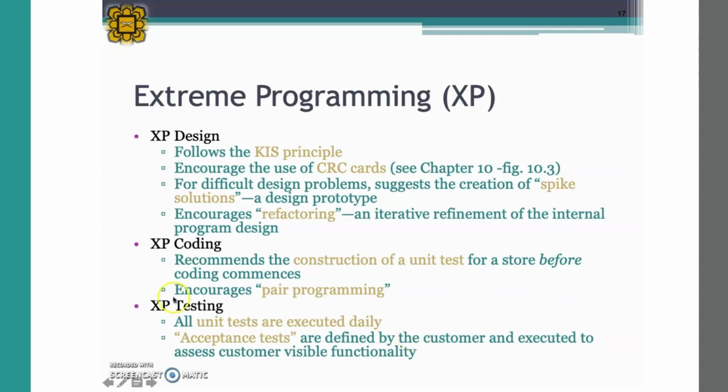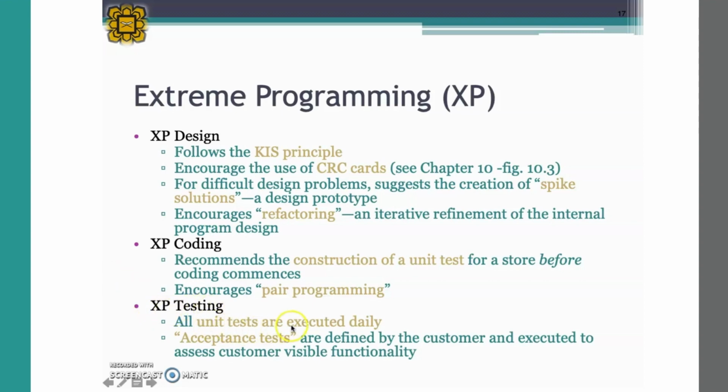While doing coding, extreme programming encourages pair programming, where programming is done with a partner, and one will be the observer and one will be the programmer. Okay, and they will exchange the role at certain point.